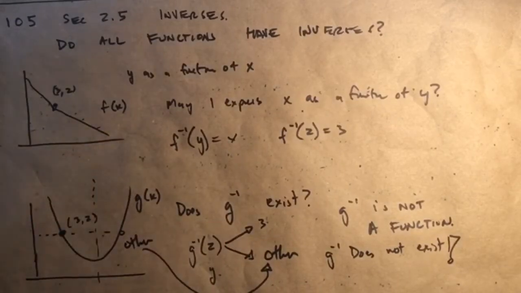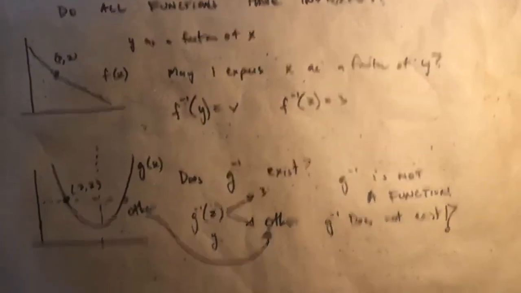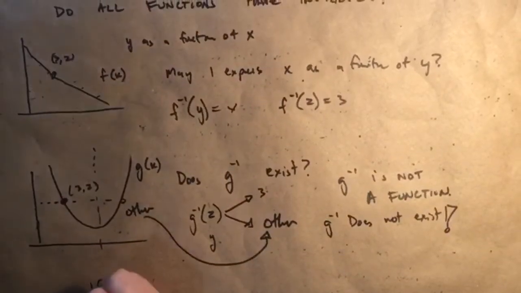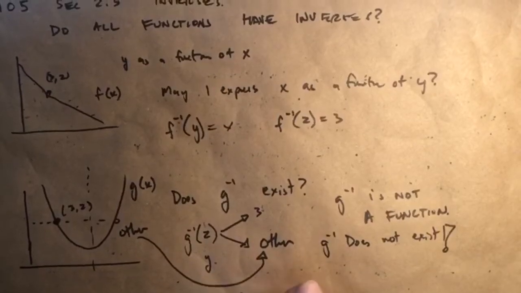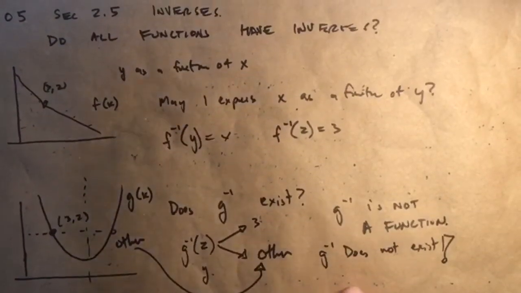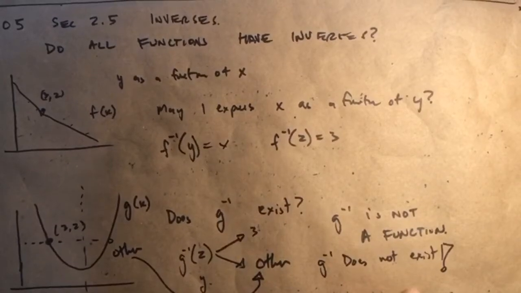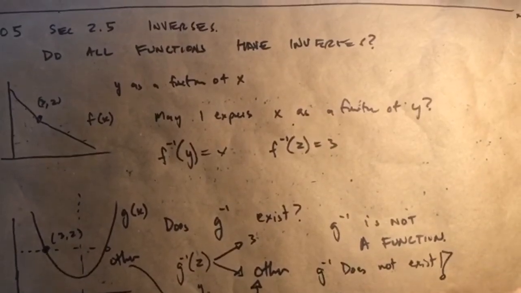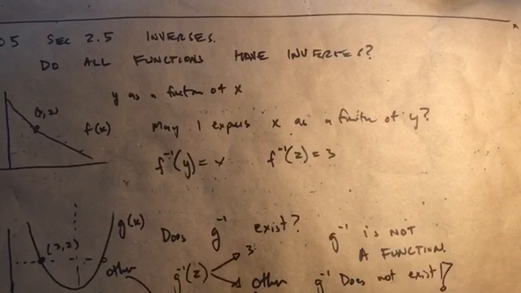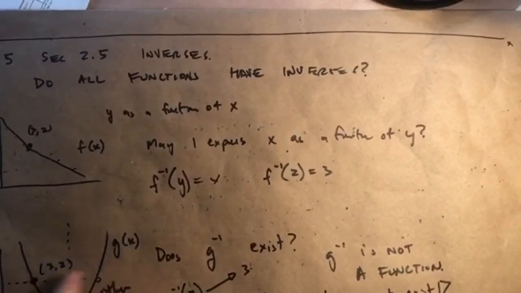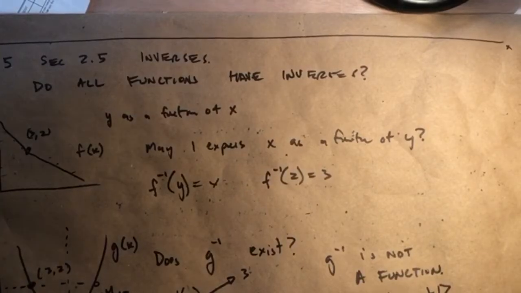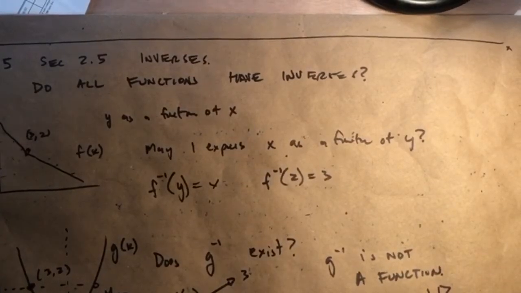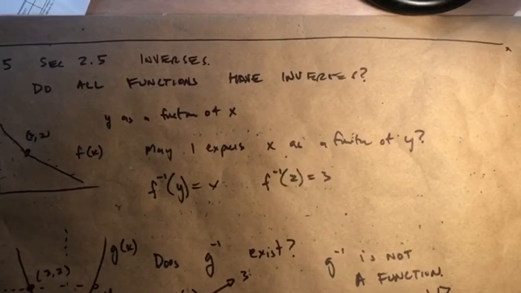But as of right now, if our function passes the horizontal line test, meaning that if a horizontal line crosses only one time, we have an invertible function.